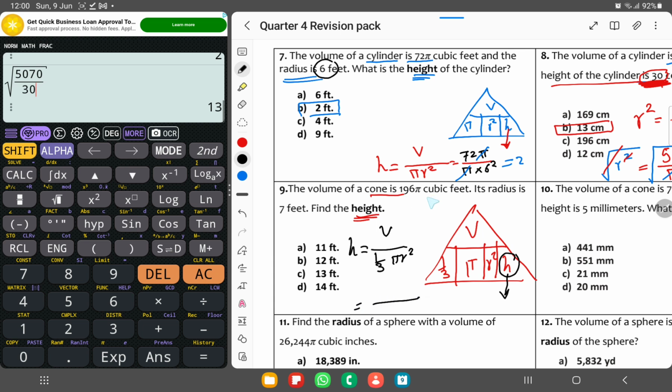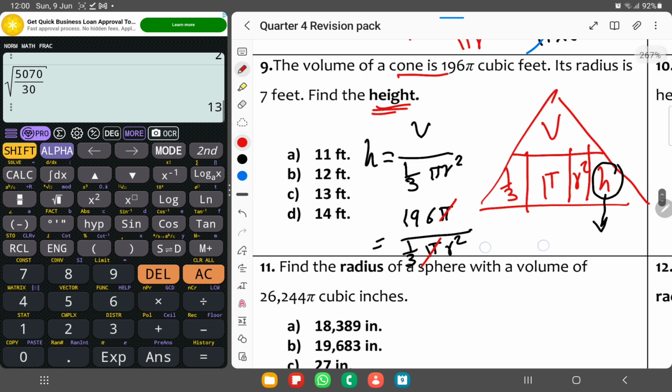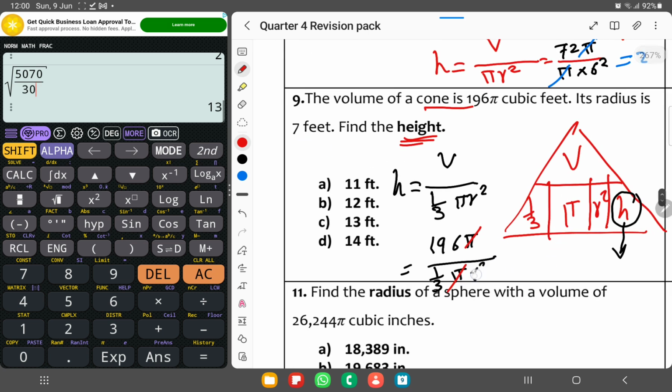What is the volume? 196 pi over 1 over 3 pi r squared. The pi's are gonna cross together. He gave you the radius 7. So instead of r power 2, I can write 7 power 2. So now the height is equal to 196 over 1 over 3 times 7 power 2, which is 12 feet.